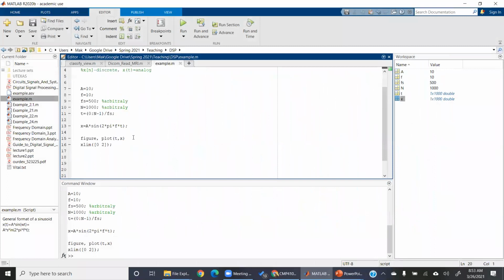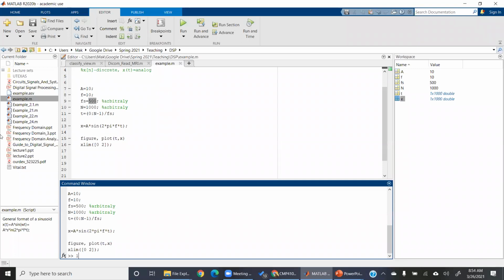Of course, you see if your sampling frequency is 500, then your sampling period is 1 over 500, which is 0.002.